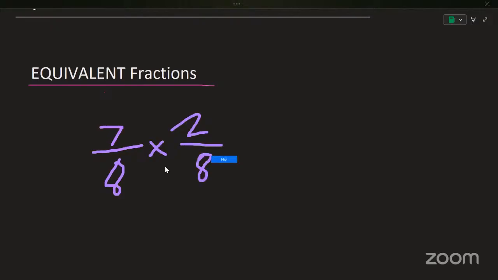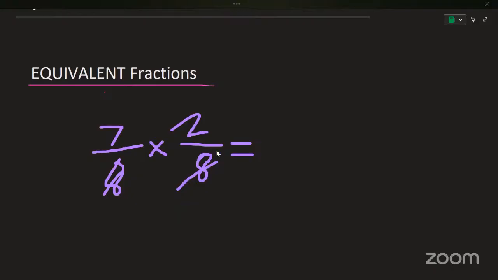In those kinds of fractions, if they're the same numbers, like 8 and 8, like I just wrote, you just cross them out and then it will always equal the ones that are not crossed out.